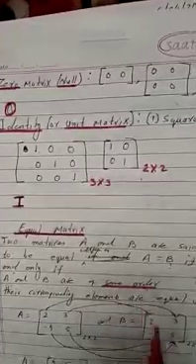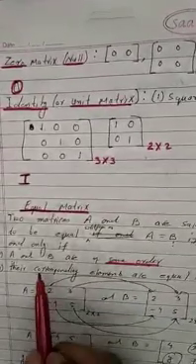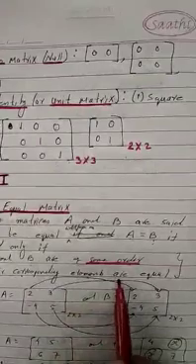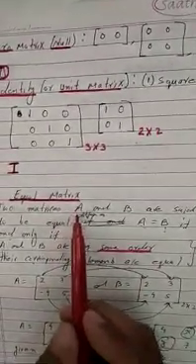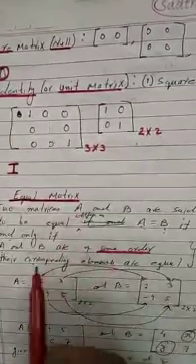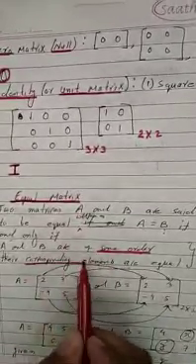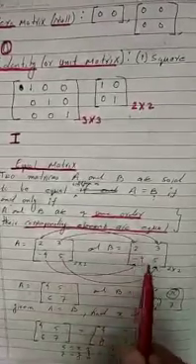The order must be the same. And the second criterion is that the corresponding elements should be equal. So for two matrices to be equal, their order has to be the same and their corresponding elements must be equal. For example, matrix A is 2 3 minus 4 5 and matrix B is 2 3 minus 4 5.